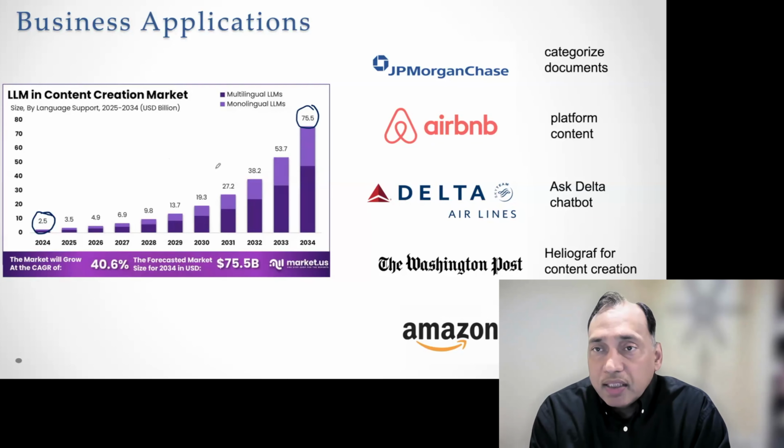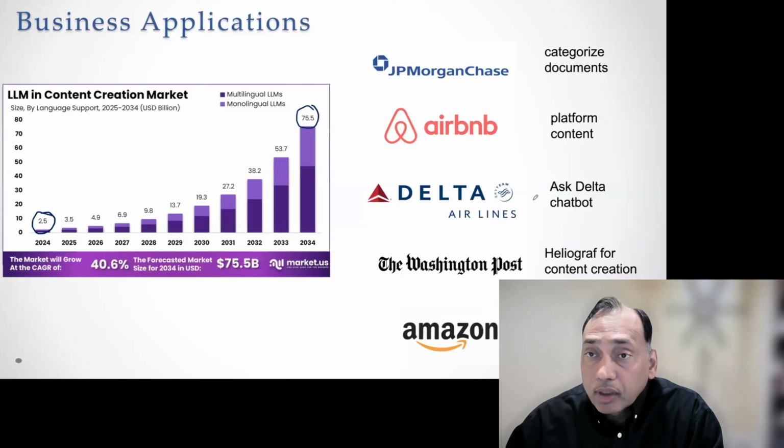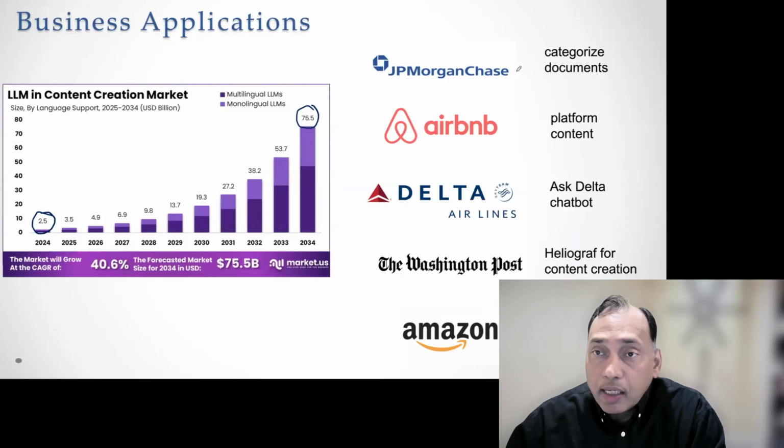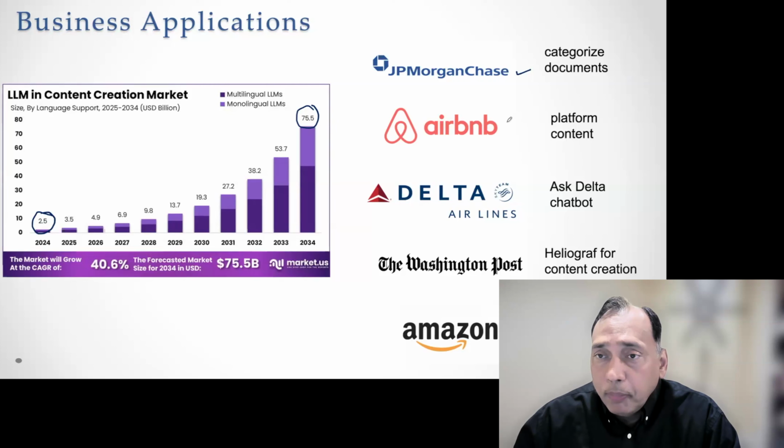And there are many companies that are using large language models for so many different kinds of activities. JP Morgan Chase, for example, has been known for using it for categorizing documents into different categories. That's a big challenge. Airbnb uses it for generating platform content. Delta Airlines has the Ask Delta chatbot that uses LLMs.